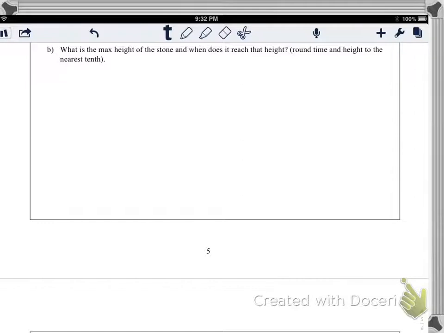Part B says, what is the maximum height of the stone and when does it reach that height? Round time and height to the nearest tenth. Again, remember, you have to set v of t equal to 0, and that'll give you at what time the stone is reaching its maximum height.